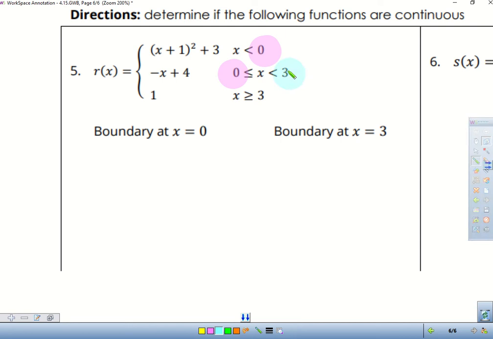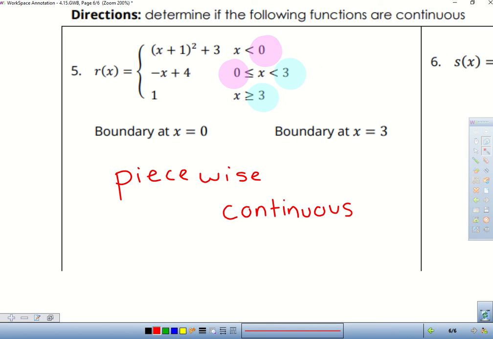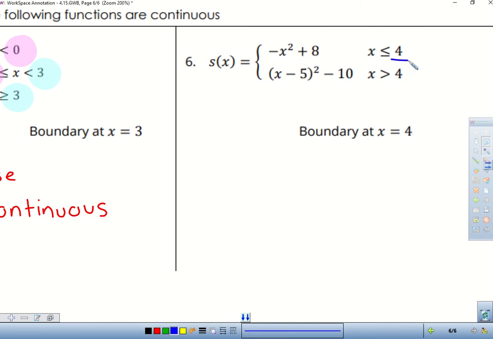And see how here this one picks up at 3 where this one leaves off? That means that they are piecewise continuous. Does that make sense? Does this boundary pick up where the other boundary left off? It's also piecewise continuous. Not to be confused with regular continuous.